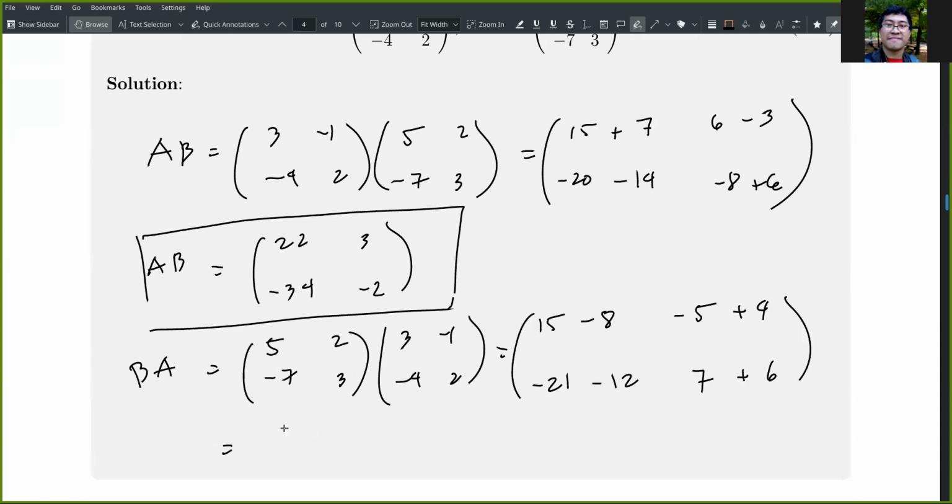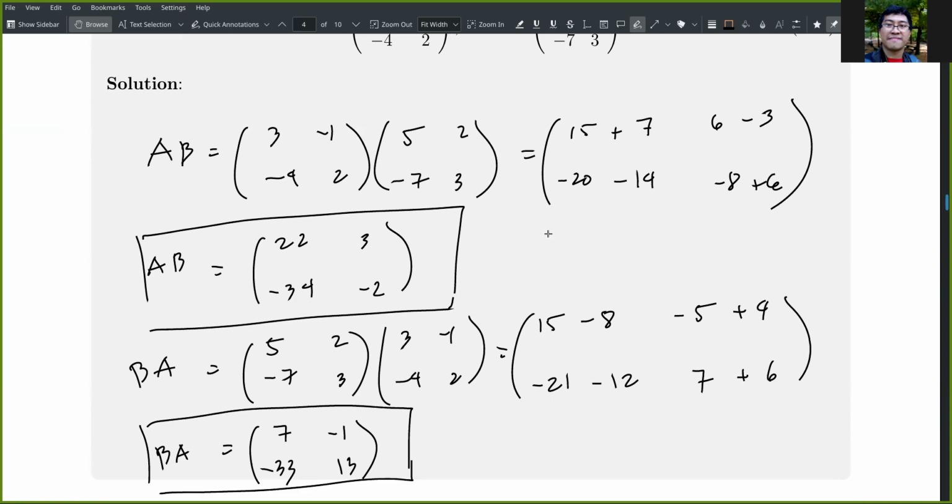And that would be 15 minus 8 is 7. Minus 5 plus 4, that's negative 1. Negative 21 minus 12, that's negative 33. 7 plus 6 is 13. BA is this. So this BA is not equal to AB.